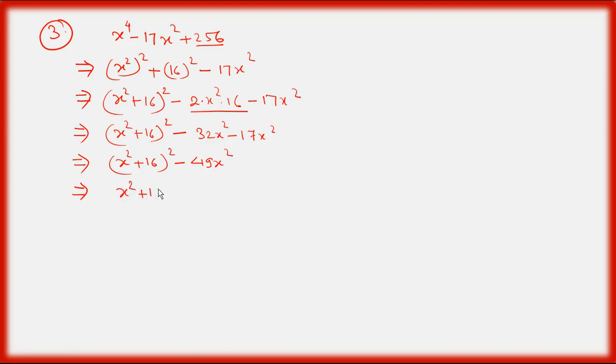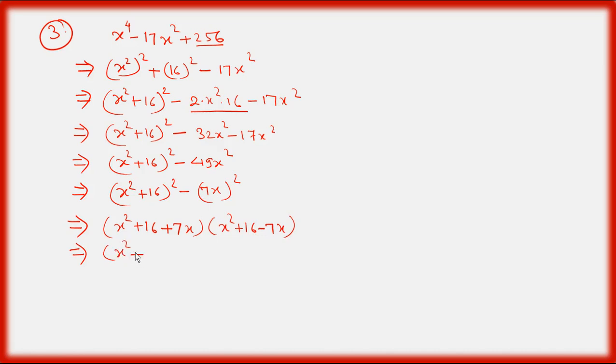Now we get the result: (x² plus 16) whole square minus (7x) whole square. It is in a² minus b² form. I have not mentioned it here because many times the same thing is repeated. So apply: x² plus 16 plus 7x, and the other is x² plus 16 minus 7x.